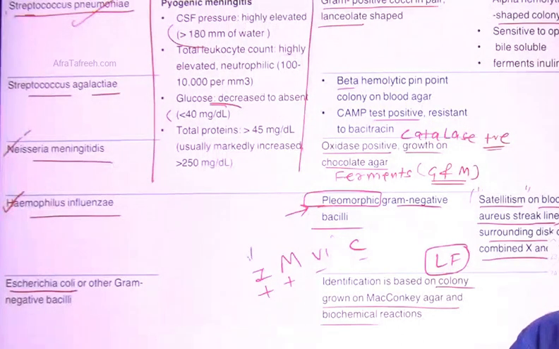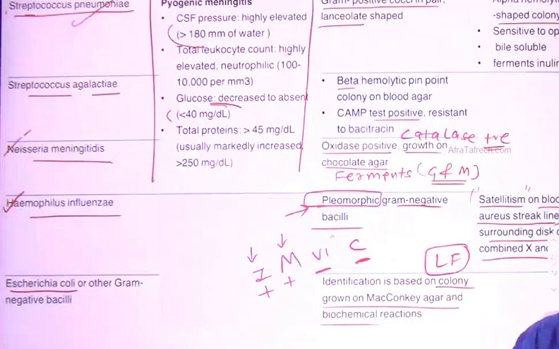Means it is indole positive, methyl red positive, Voges-Proskauer negative, and citrate negative. Okay, so the second year fellows, if you have done this much, or in the INICET, if you focus on this table only just for now, you will be able to answer a lot of questions. Okay, so this is what I want to do with these particular sessions.